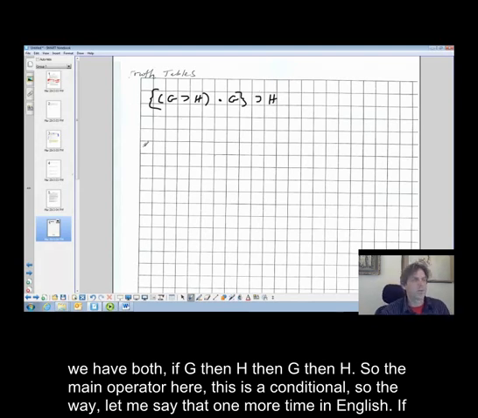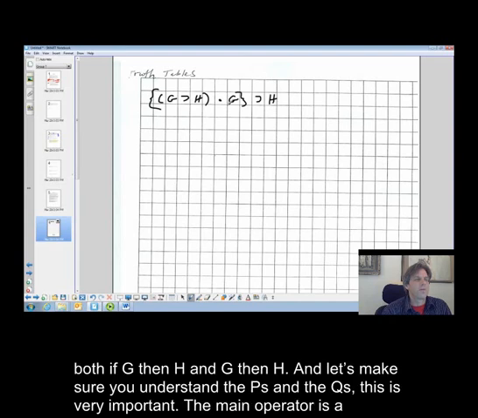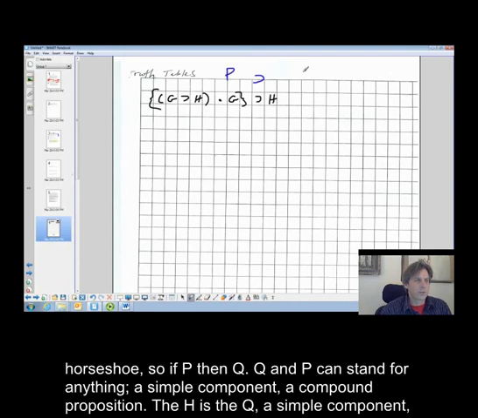Let me say that one more time in English. If G, then H, and G, then H. Okay? And let's make sure you understand the P's and the Q's. This is very important. The main operator is a horseshoe, right? So if P, then Q.